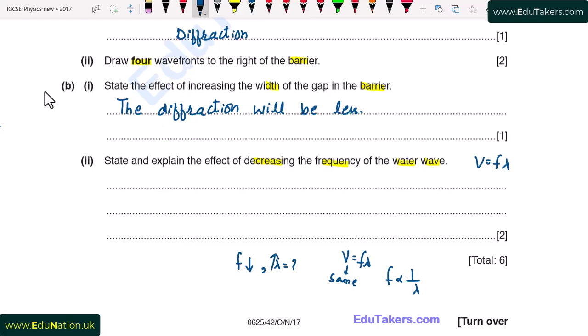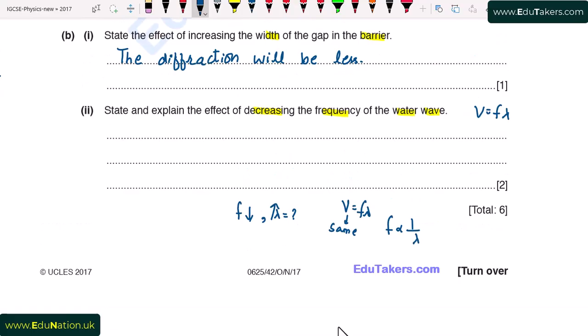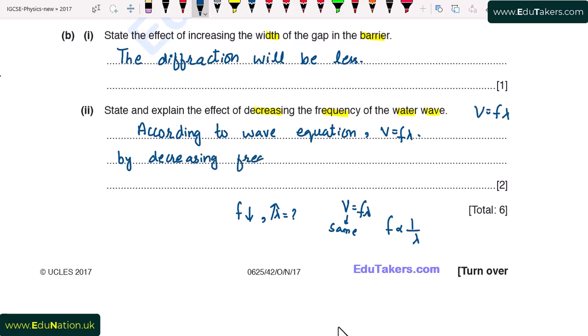So I write here, according to the wave equation, which is V is equal to F lambda, by decreasing frequency, wavelength increases.